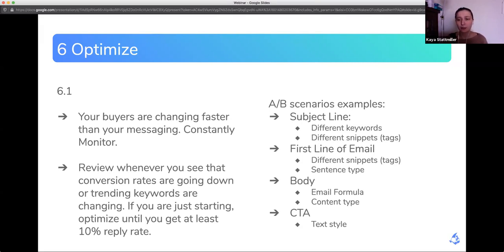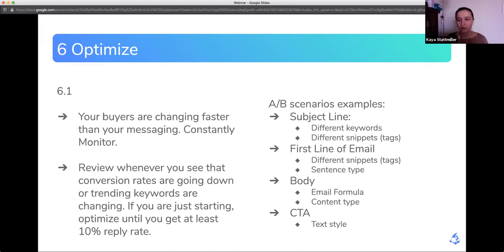Then another very important thing is the first line of the email, because this line is visible even if someone didn't open the email. So you don't want to waste this first sentence on "hey, how are you? Hope you are fine." No, you need to get straight to the point, because that's another chance to spark the interest.